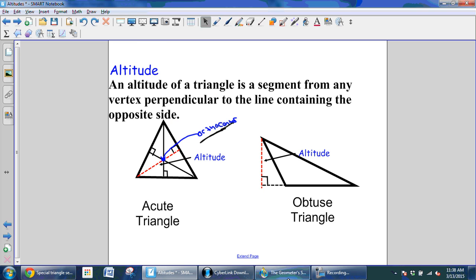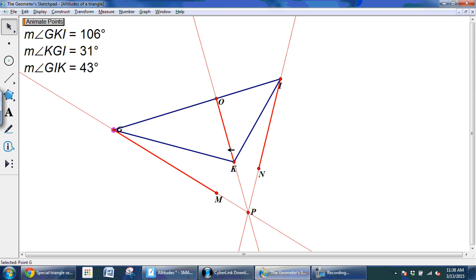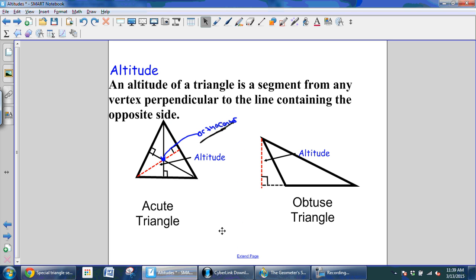In fact, I think all of the altitudes are, except for this one here. So it looks like two of the altitudes will be outside the triangle. Let's see for ourselves. Try to draw more altitudes. We know this one. This altitude here, let's go ahead and draw it. It's got to be perpendicular to the opposite side.